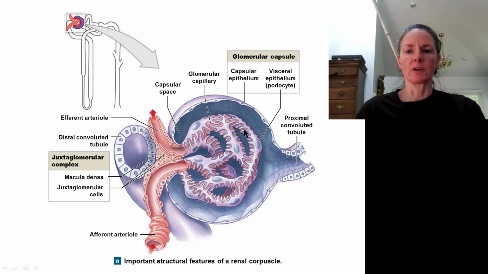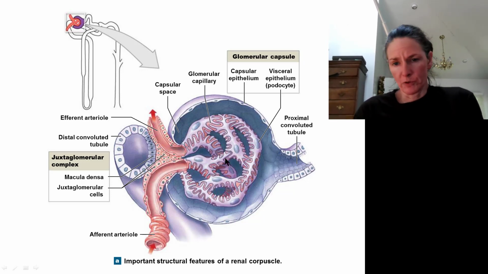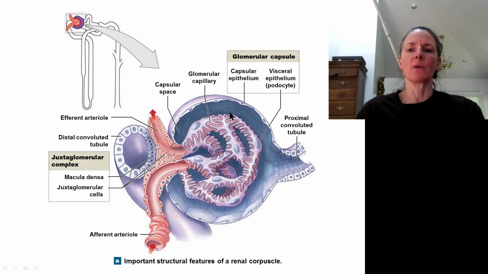And whatever solute is small enough to pass through the filtration membrane will also end up in the filtrate. Now, if we decrease the diameter of the efferent arteriole, then we would actually restrict how much blood could leave here. So it'll back up in here, so we produce more pressure. So that there again, that would lead to a higher filtration rate.